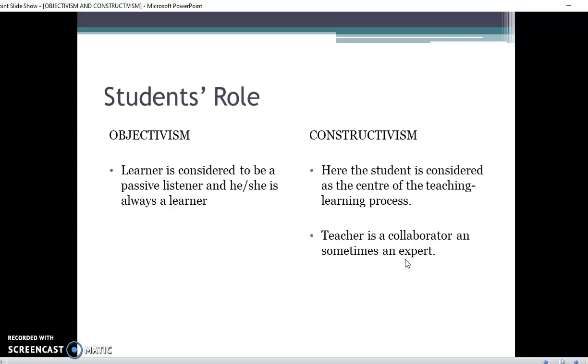So you need to read something extra or something more about a given concept before you enter the class, as they might need your assistance in the process of learning. So it's very important that you also play the role of an expert whenever needed.